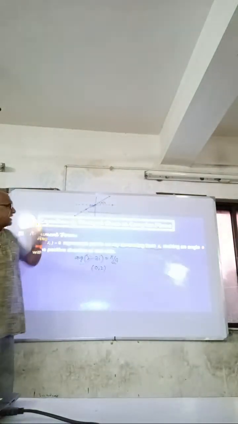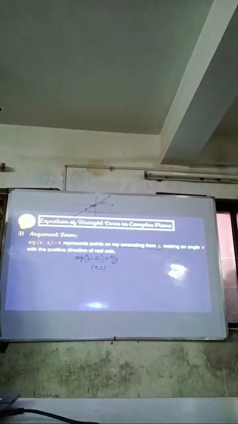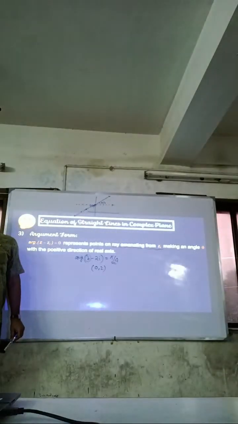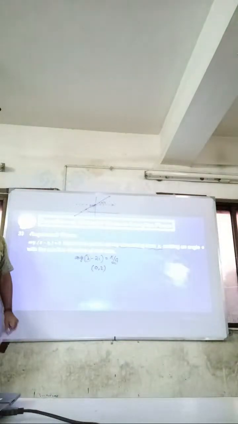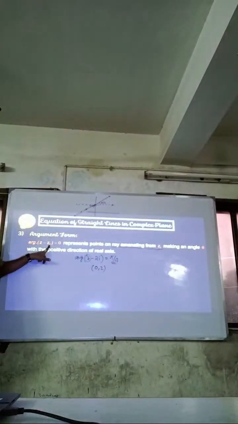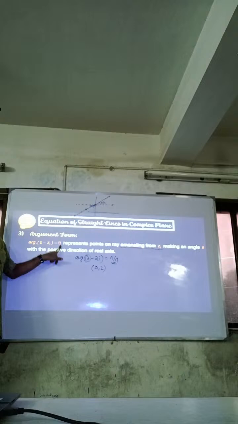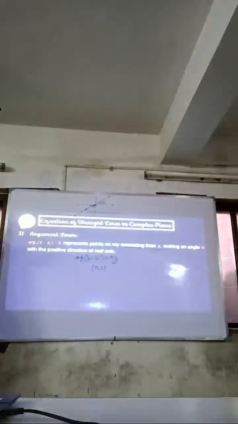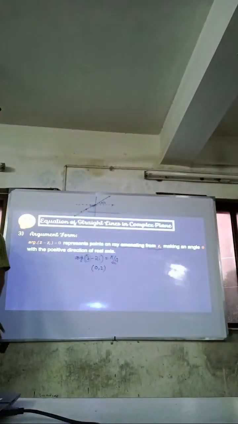So whenever I say arg of z minus z1 is theta, you will say that your z is lying on the ray emanating from z1, making an angle theta with the positive direction of the x-axis. Be very careful. It will not come below, and it will not include that point. Only that portion in the same quadrant.